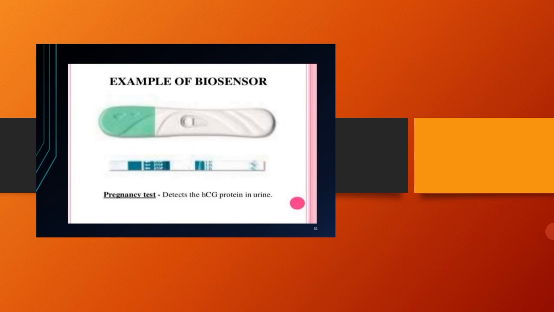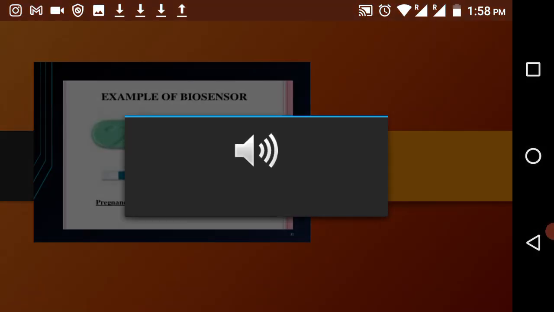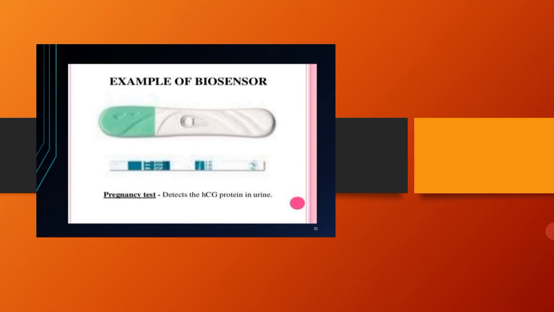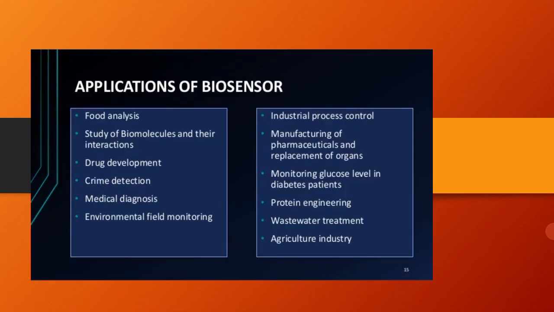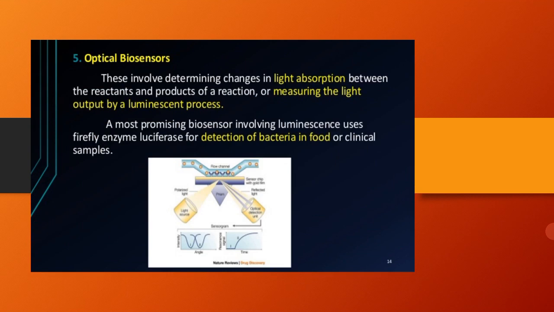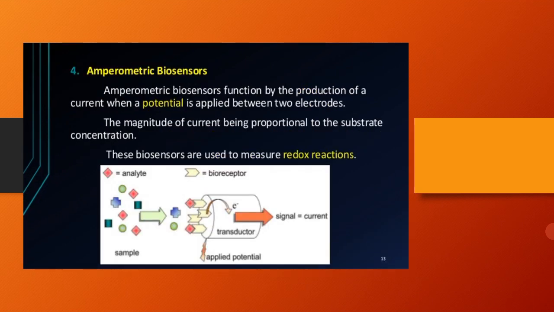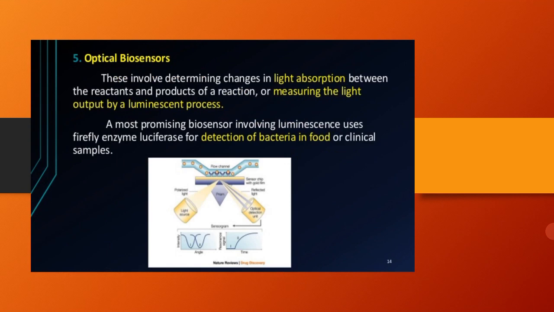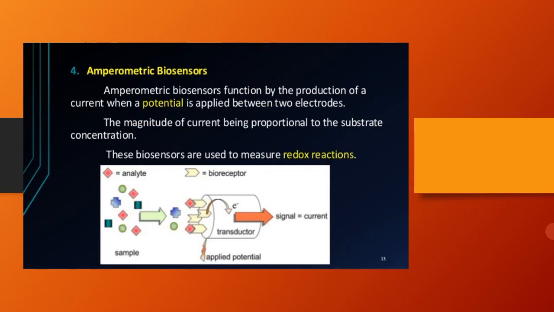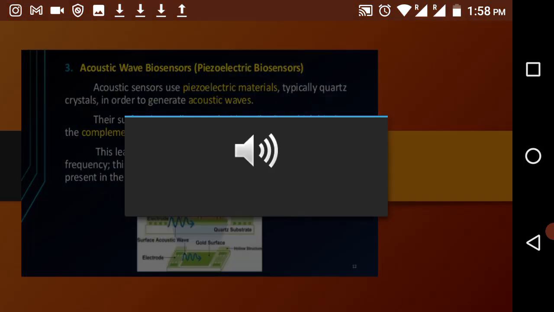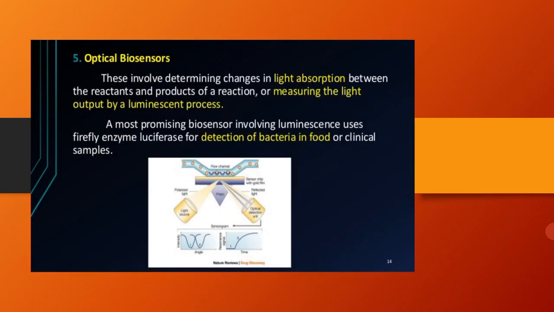First we saw the calorimetric biosensor, then the piezoelectric biosensor, the acoustic wave biosensor, then the optical biosensor, the amperometric biosensor, which is used to determine the redox reaction, and the potentiometric biosensor.